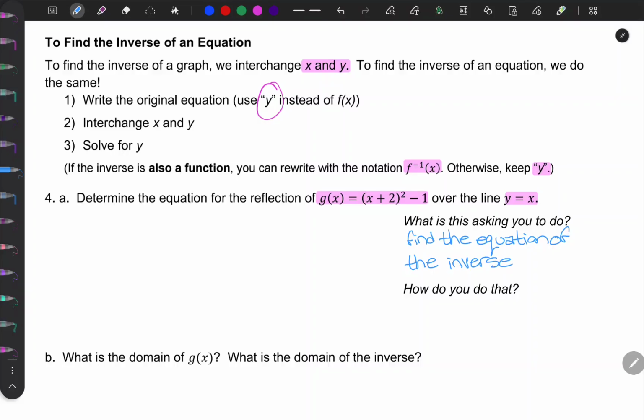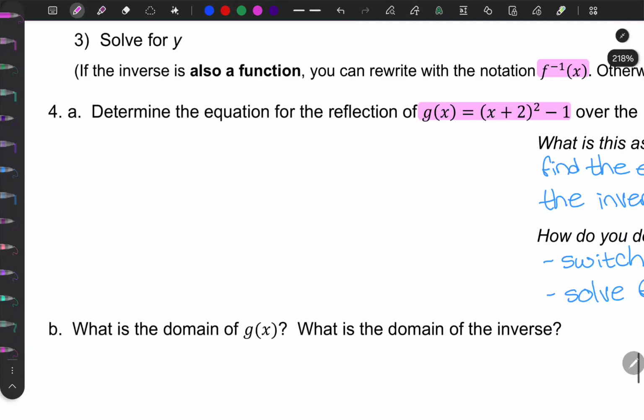And how do we find the equation of the inverse? We want to switch x and y, and then solve for y. Let's do that for this example.